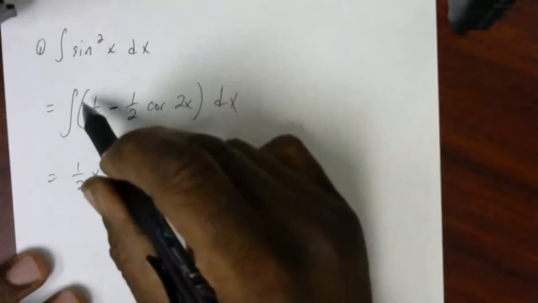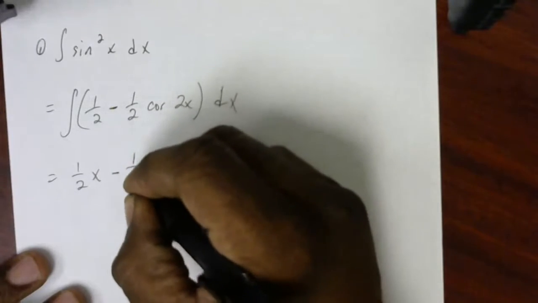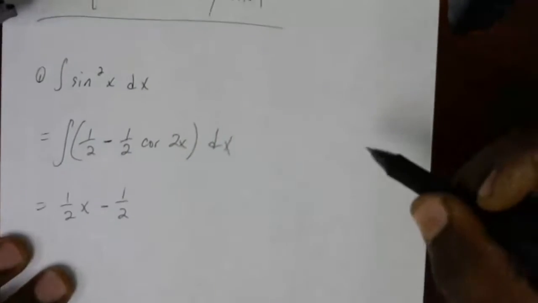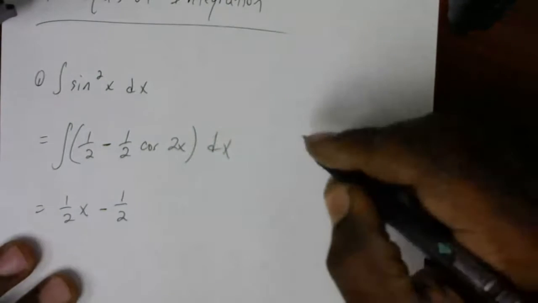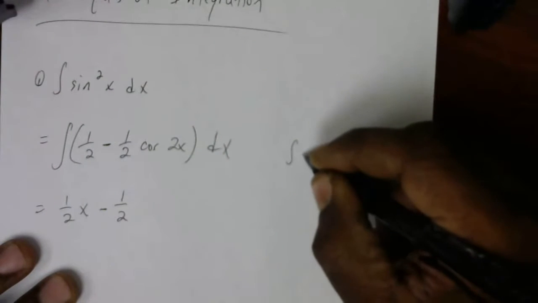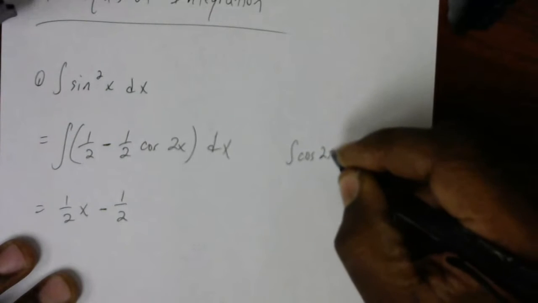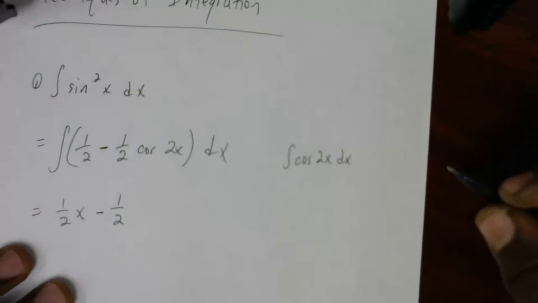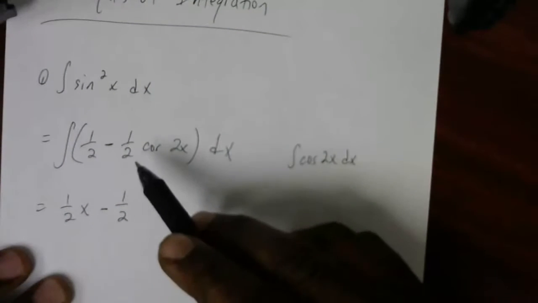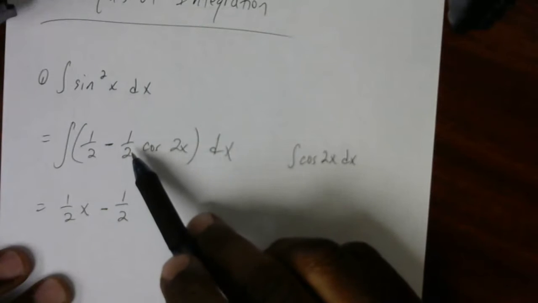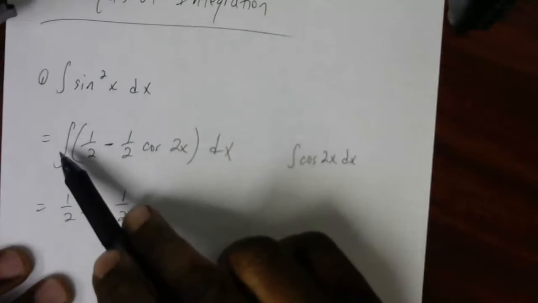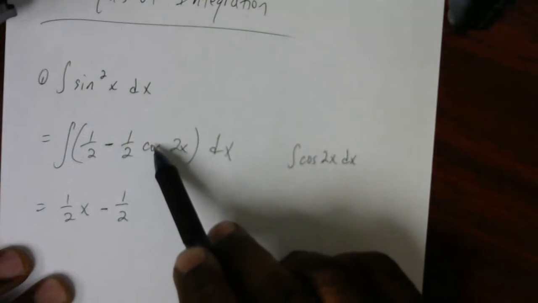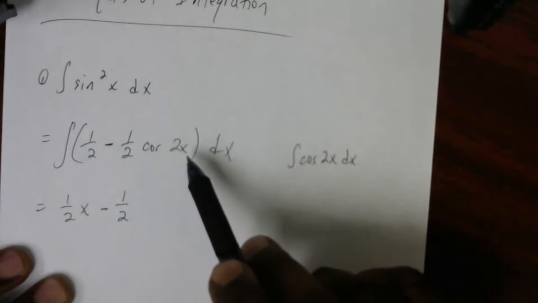I'm going to just pull that 1/2 in front of my integral operator. So I've simply taken my negative 1/2 and pushed it in front of the integral operator, and over here, I'm going to integrate cosine 2x.